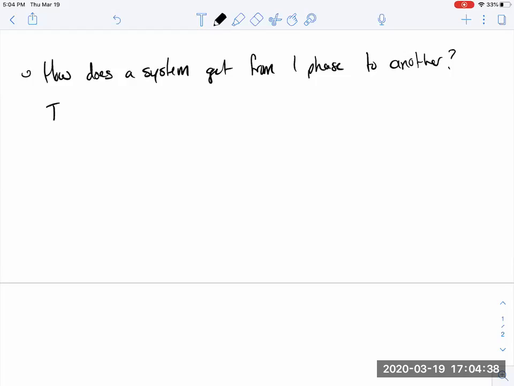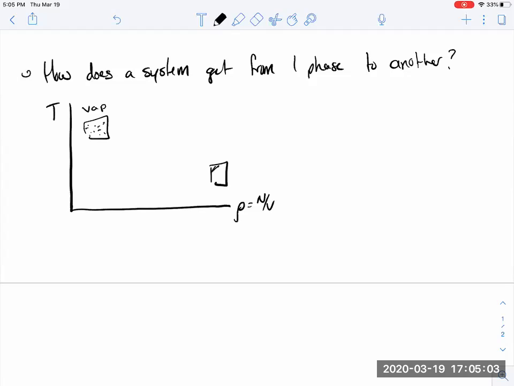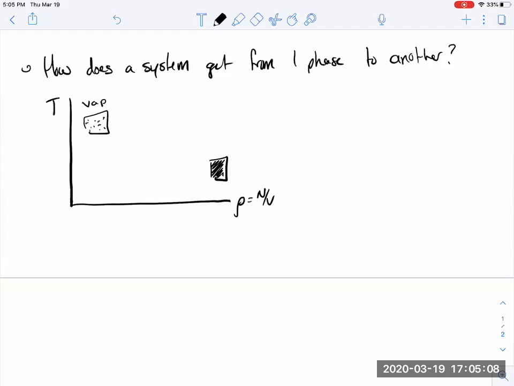So a way to remind ourselves of a liquid vapor transition would be to draw its phase diagram, temperature, and the order parameter for a liquid vapor transition is the density. I know that if I start at high temperature and low density, well, I'm likely to find a vapor there. At lower temperature, or certainly at higher density, I'll have a liquid. If I take that vapor and start cooling it down at constant pressure, I'll follow some isobar until I reach some point.